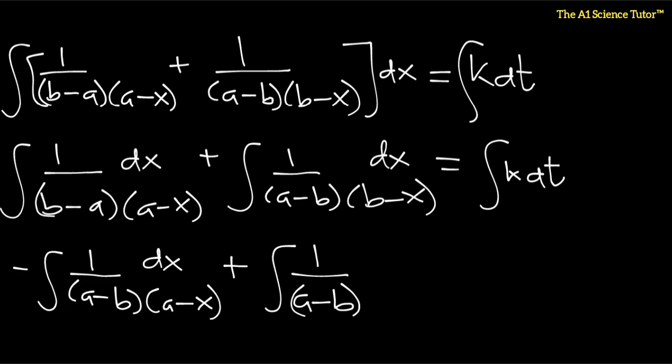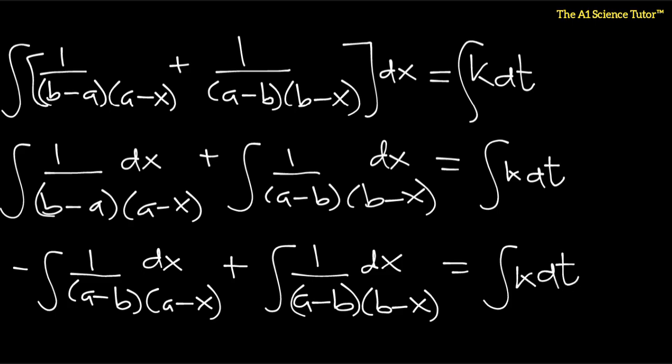So as you can see, we have been able to change this. And the negative, which was supposed to be here, is the one that we have taken outside, because that will be a -1, which is a constant. So this is dx. We need to write b minus x here. This is integral k dt. So now this is what we have.